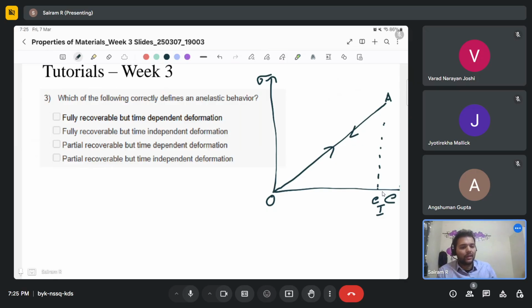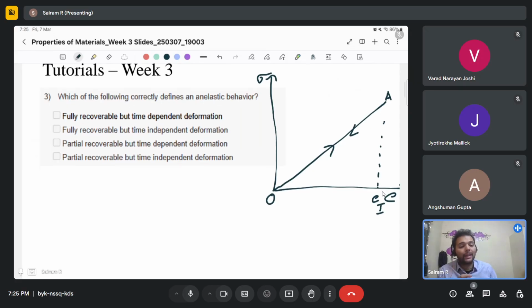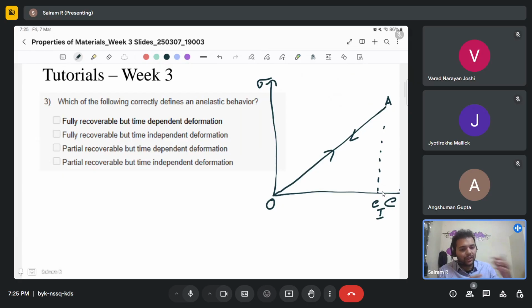There's not going to be energy loss to the surroundings at all. However, in reality, depending on the strain loading rate, this is not how it is going to occur.